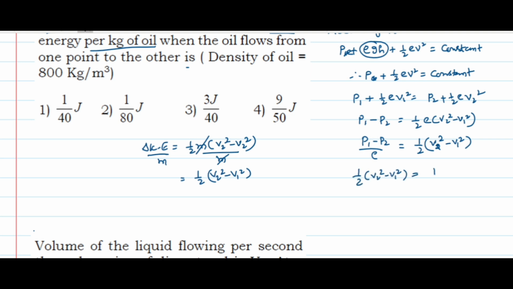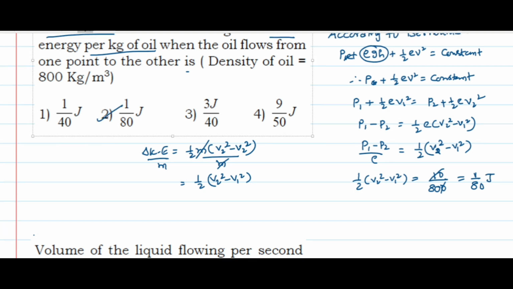In the question it is given that the pressure falls by 10 Pascal, and the density is given as 800. So half into V2 square minus V1 square equals 10 by 800. Here 10 gets cancelled, and we get 1 by 80 joules. So this will be the correct answer.